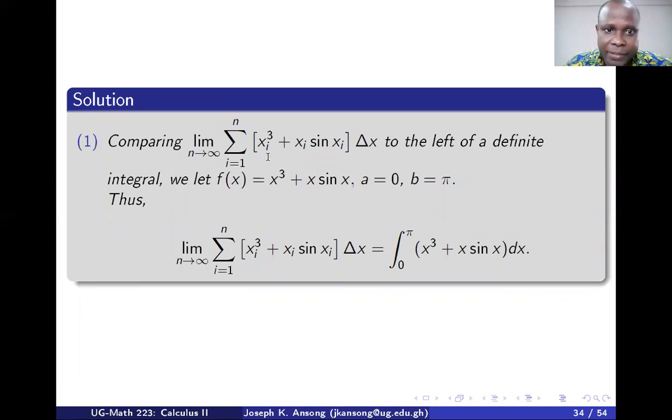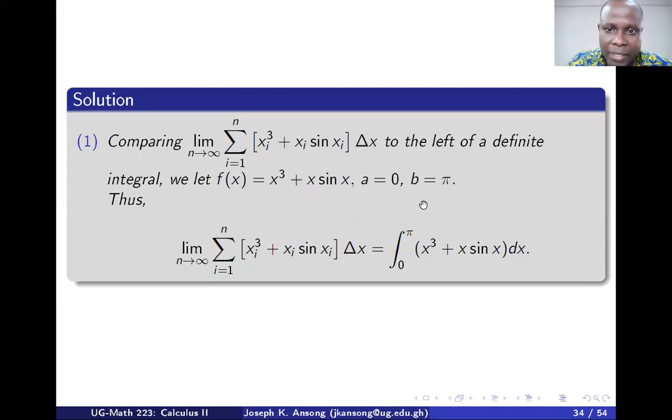If you compare this to the definition of the definite integral from a to b of f of x dx, then of course we can write our f of x as what is in here. So our f of x will be x cubed plus x sine x. We know the interval is from 0 to pi, so our a is 0 and the b is pi.